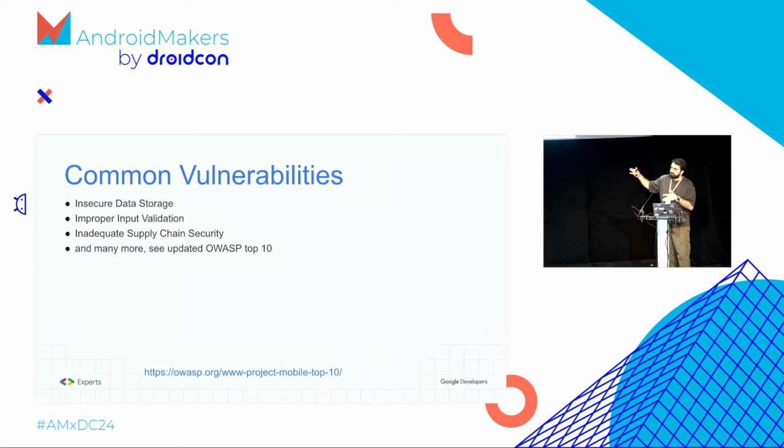This list is not a full list, but it's in OWASP top 10, and OWASP top 10 is, as the name suggests, the top 10 vulnerabilities and how we can defend against them, and it is updated regularly. So this year, 2024, we got the new update, and this new update includes the supply chain attacks and how we can secure ourselves and our apps from that.